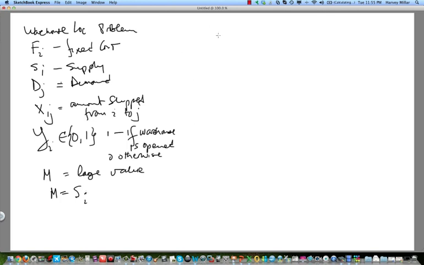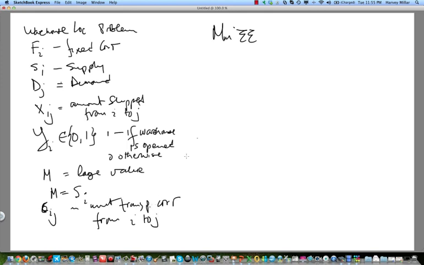So our formulation looks like this. Minimize the transportation costs. What I'm missing here is C_ij, which would be the unit transportation costs from i to j.